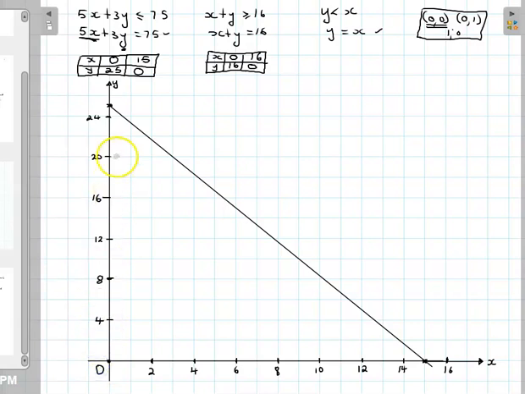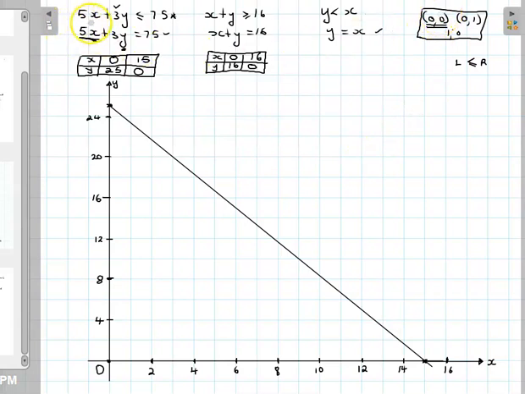So how do we use it? If we look at our inequality here, our inequality tells us that the left hand side is less than or equal to the right hand side. So what we just need to do right now is to say, what if we take 0, 0 and substitute it? When we say 0, 0, the first number represents x, the second one represents y.